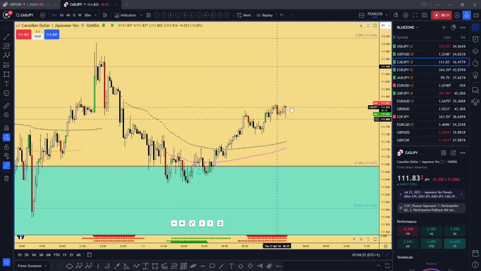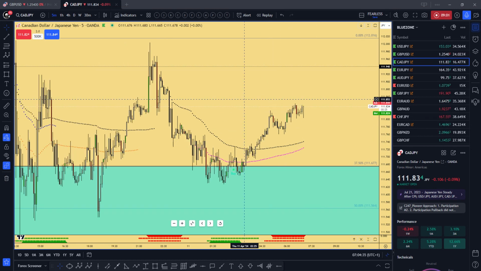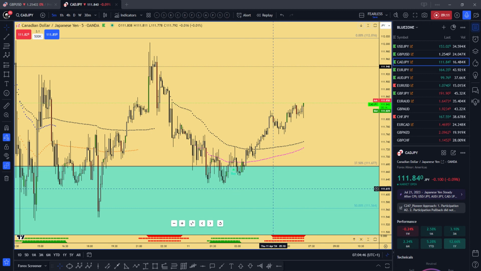We're struggling to break this high after making the high here yesterday. We haven't broken above this zero. Doesn't mean this thing will not continue, but there's more power on the side of the yen. So we are looking at a potential reversal.